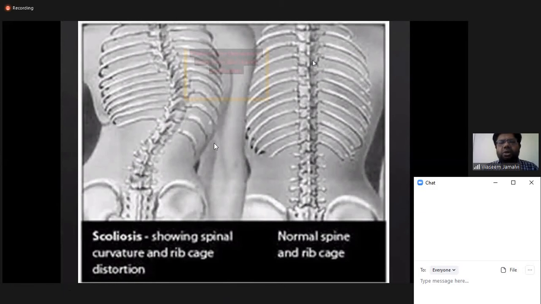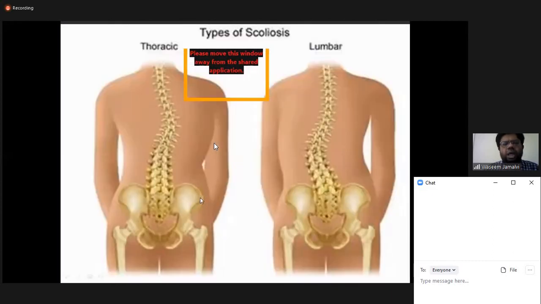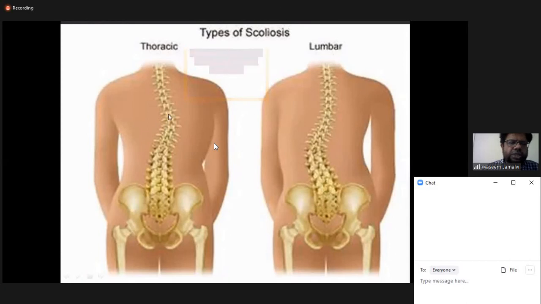But look at this. This is a normal X-ray with a straight spine. But in this situation, this X-ray of the spine shows scoliosis, and it is called S-shaped scoliosis. Look at this. This is C-shaped scoliosis on the right side, and this is in the thoracic area of the spine.